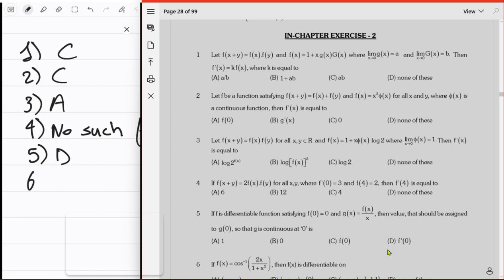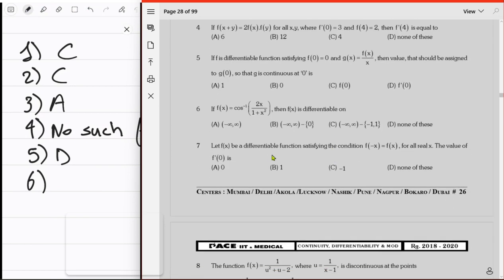Sixth. If f(x) is equal to cosine inverse of 2x upon 1 plus x squared, then f is differentiable on... Okay, cosine inverse of 2x upon 1 plus x squared. Fine.